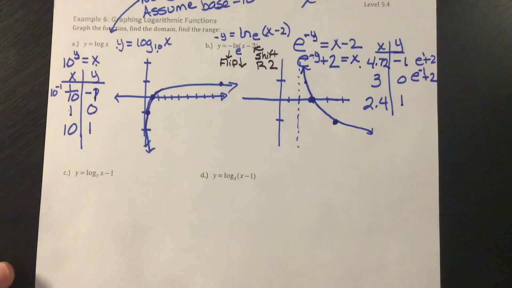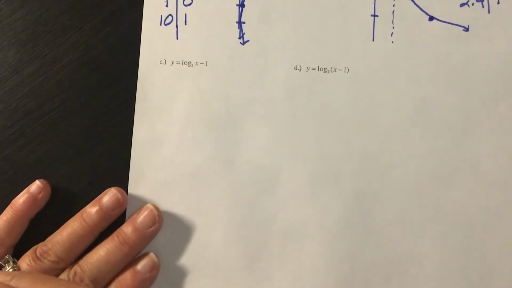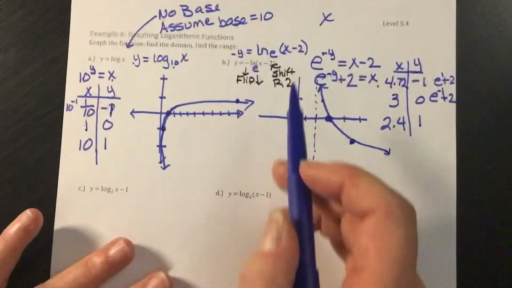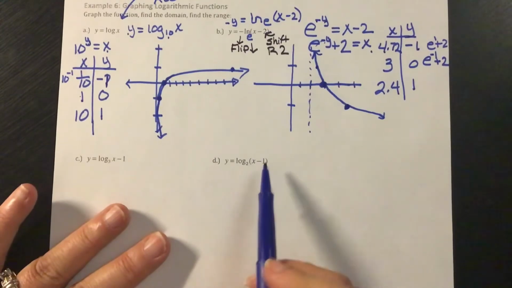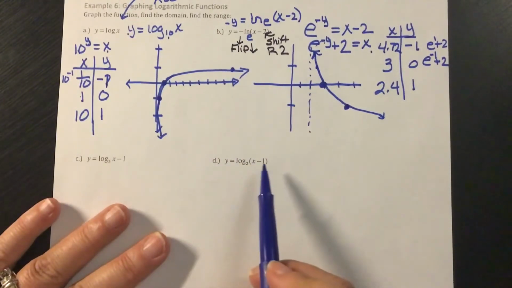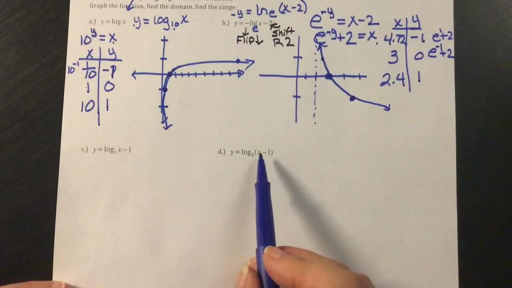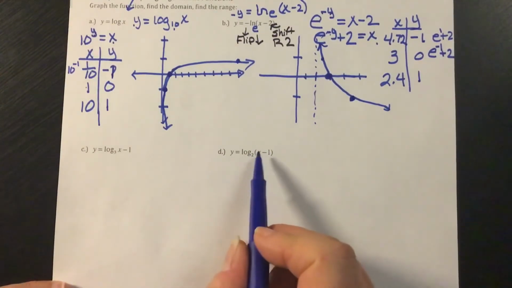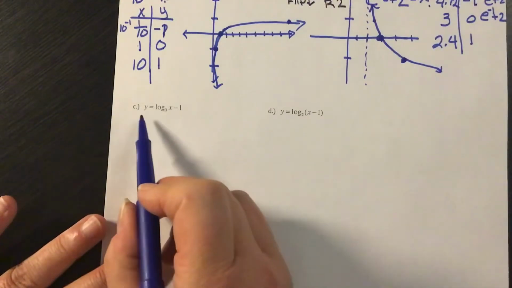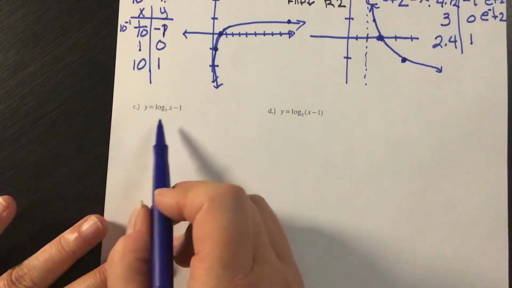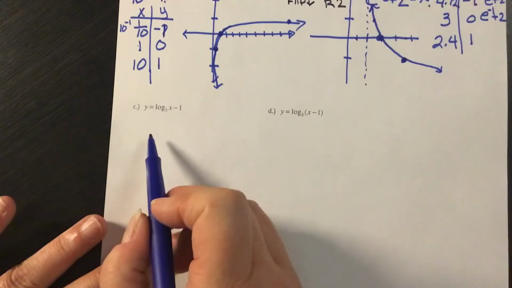All right, let's move on to C. All right, so first of all, notice how in this part and on this part, my x -2 and my x -1 is in parentheses. In this case, I kept it together with x. In this case, I'm going to move it over to the other side before I do my exponential sentence.